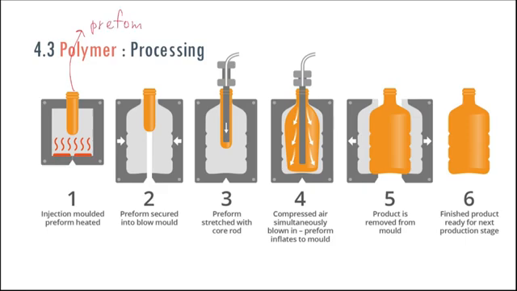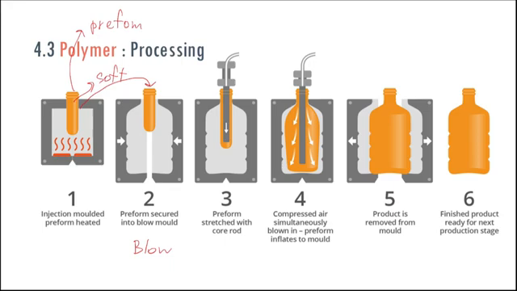And after that, the preform will be heated. At this stage, it will become soft and ready to change the shape. So, it will be transferred into the next station. We call it the blow station. At the blow station, the mold will be clamped and trap the soft preform in the middle.